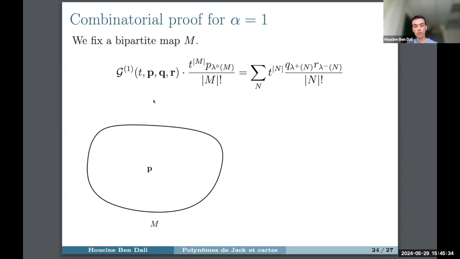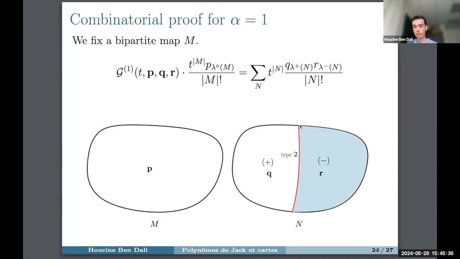Acting by G, what we do is we add some edges, very schematically colored with this big edge here, colored in red to say that it is of type 2. So first we add some edges, we color faces such that the added edges are of color 2. The obtained weights here, Q will contain the information of the weights of plus faces and R the information of minus faces. And this is exactly the action of the operator G.